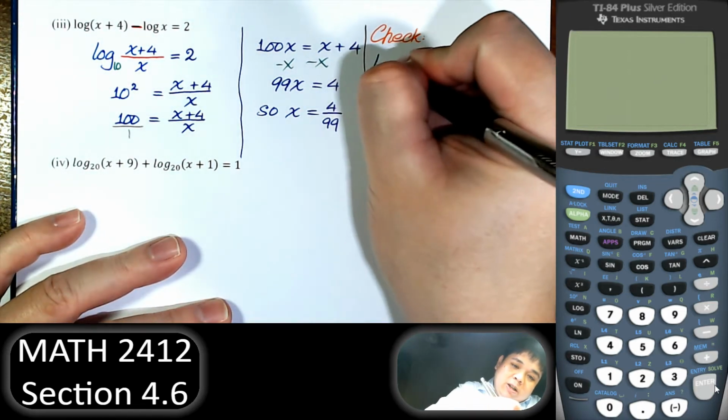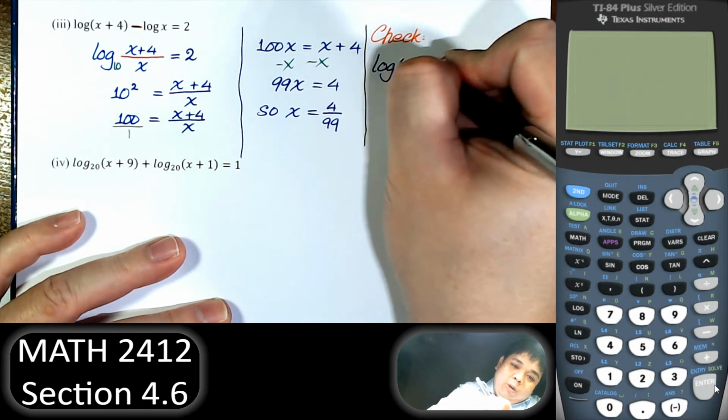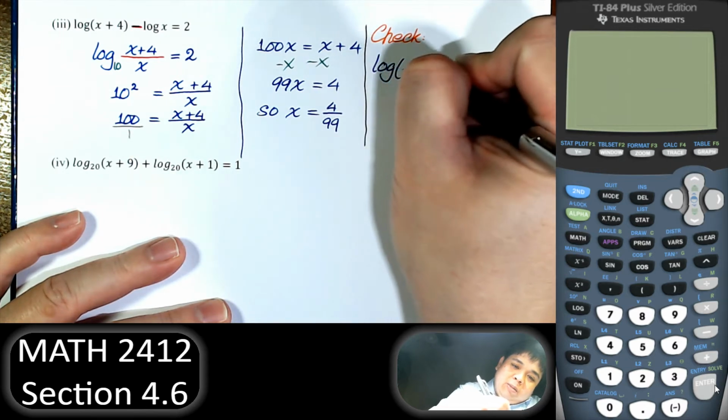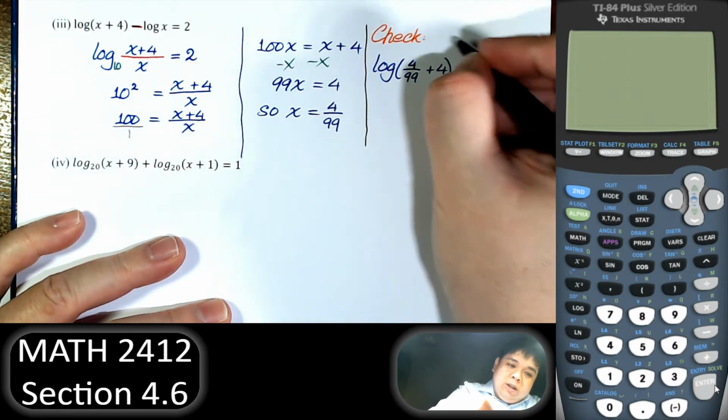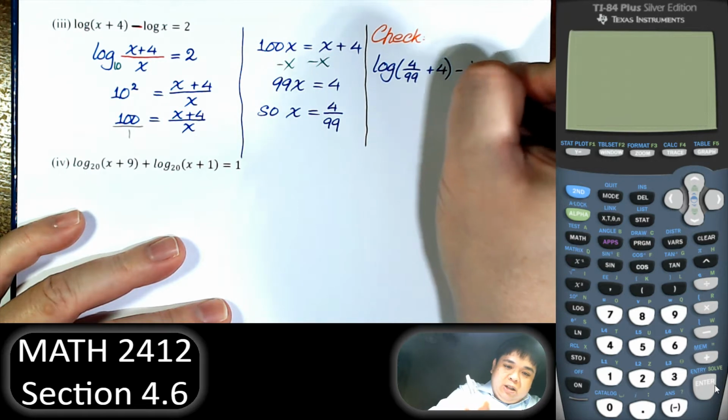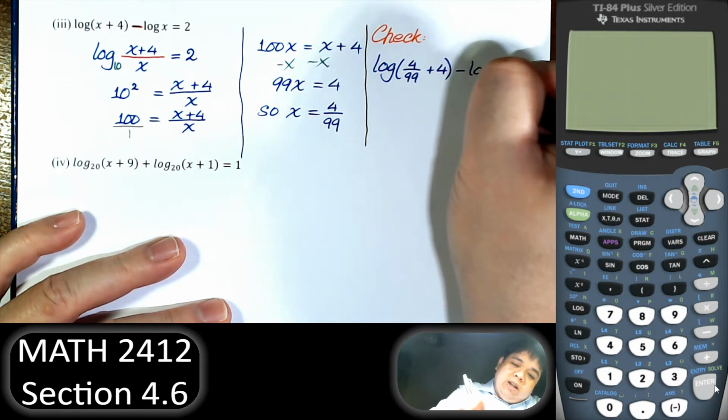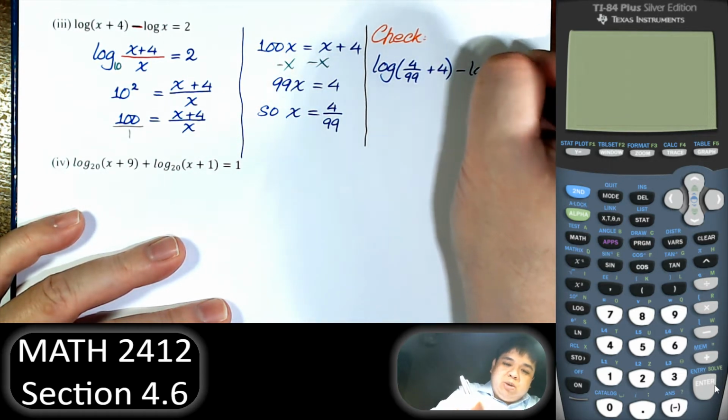So log of 4 over 99 plus 4 subtract log of 4 over 99, just substituting for x.